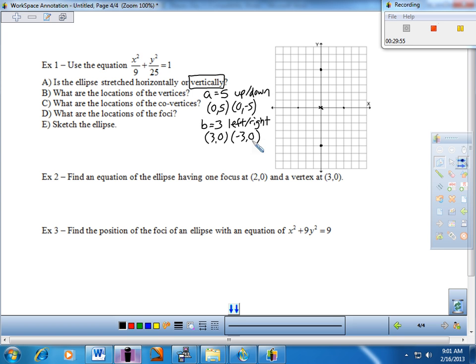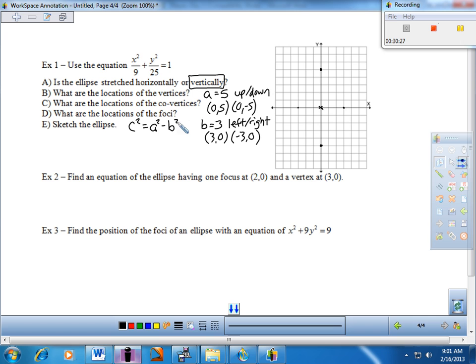Now we'll sketch this in just a second, but let's get the foci in there as well. And notice, here's the deal. Look at that equation. Is c in this equation at all? Absolutely not. But do I have a way to use a and b in order to get c, which will give me the location of the foci? Yes. And so here's where it comes into play. You will probably be using this just about every problem with an ellipse.